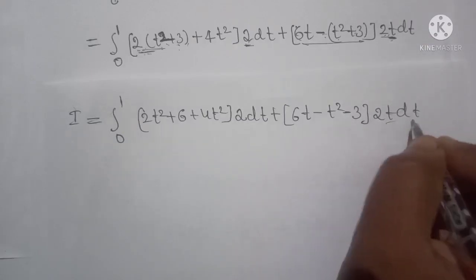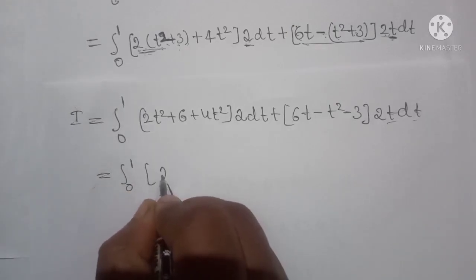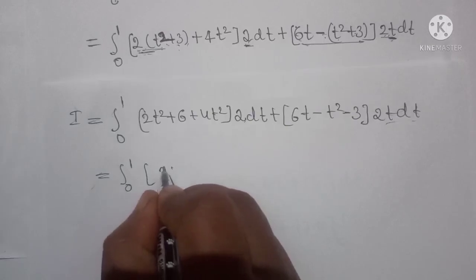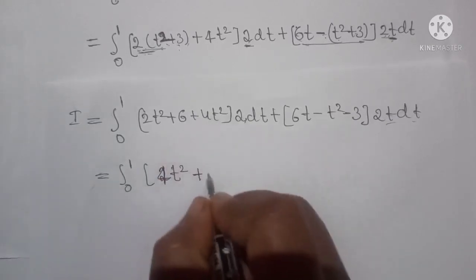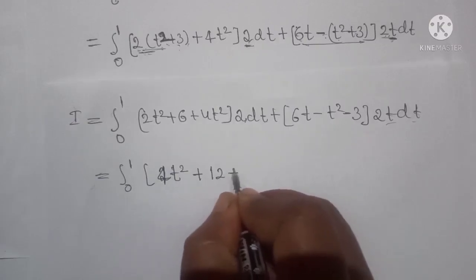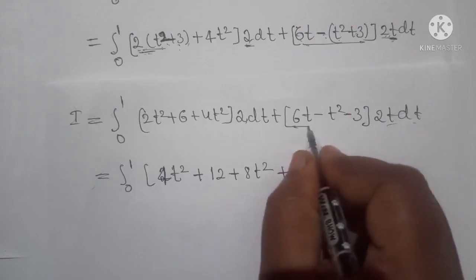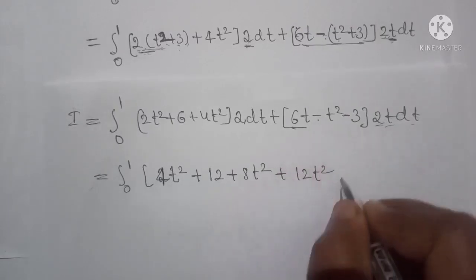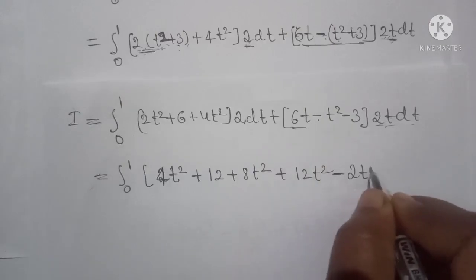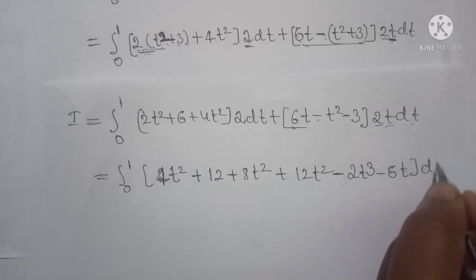We will simplify in the next step, so the integral from 0 to 1 of 2t square into 2 is 4t square plus 6 into 2 is 12 plus 4 into 2 is 8t square plus 6 into 2 is 12t square minus 2t cube minus 6t dt.